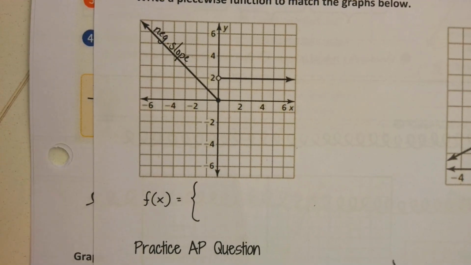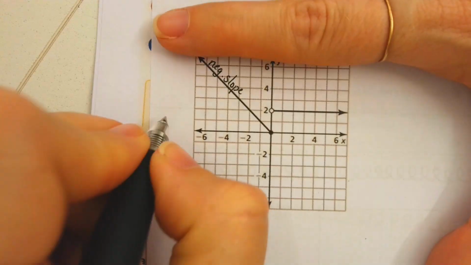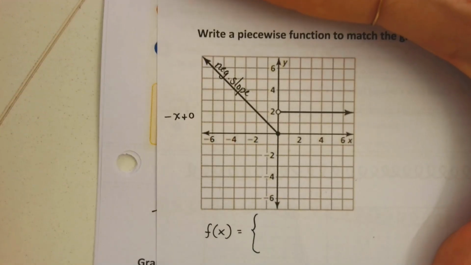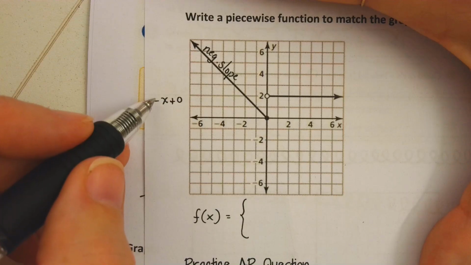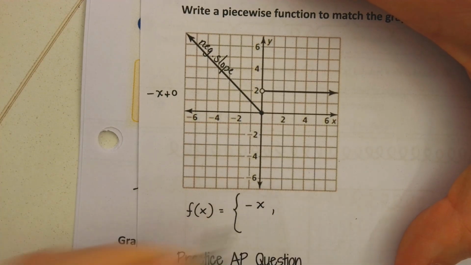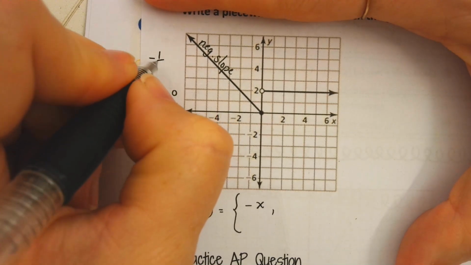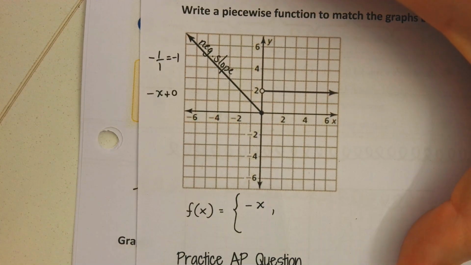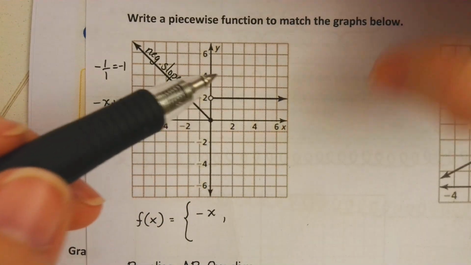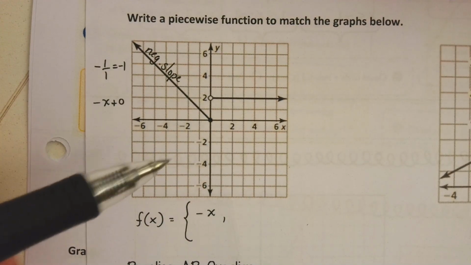So putting that together as an equation, you could say negative x plus 0, but do we really need to write the 0? No. So we're just going to have negative x or negative 1x, because its rise over run would be negative 1 over 1, which is just negative 1. Okay, for the second one, horizontal lines, remember, that's just going to be a number. What number? 2.